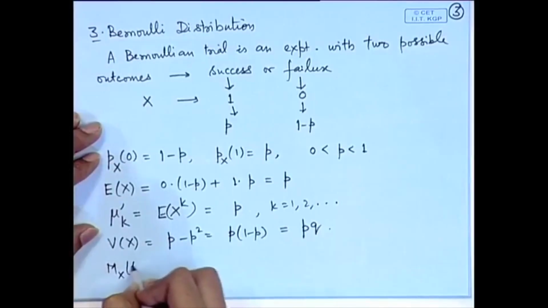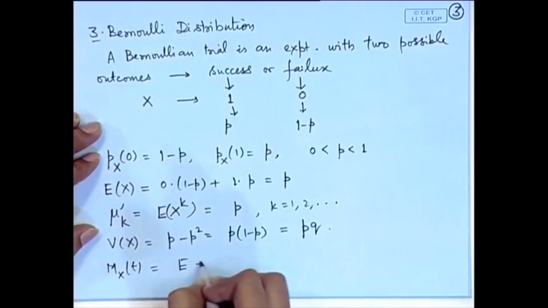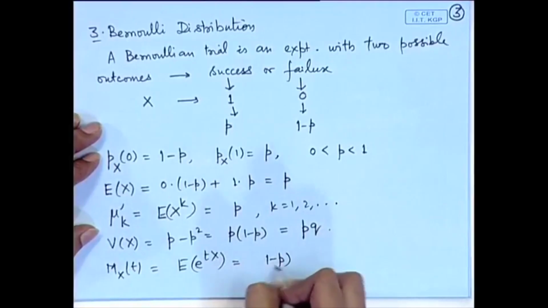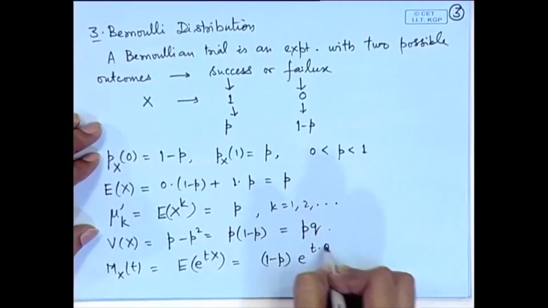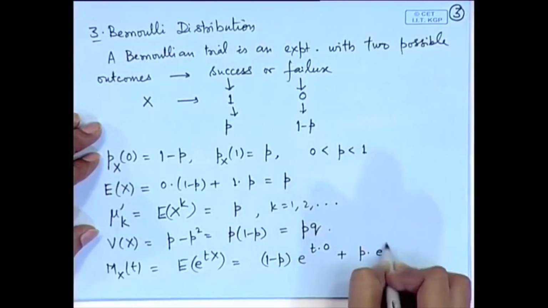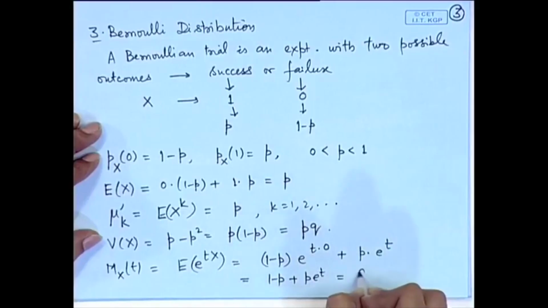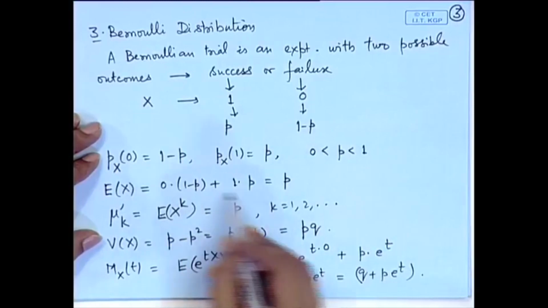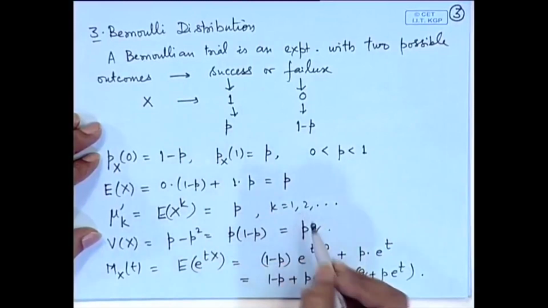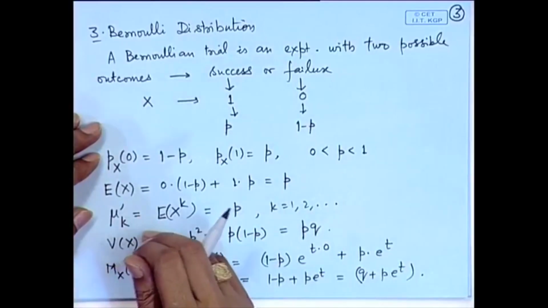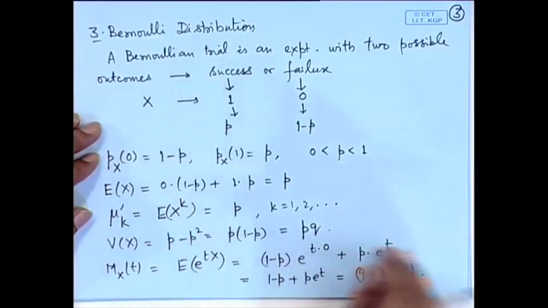The moment generating function is expectation of e to the power t x, that is equal to 1 minus p into e to the power t into 0 plus p into e to the power t, that is equal to 1 minus p plus p e to the power t, or q plus p e to the power t. It is obvious that moments of all orders exist here and they can be evaluated using the relationship between central and non-central moments.